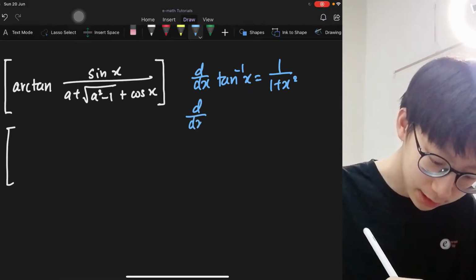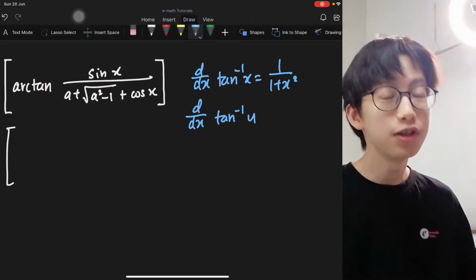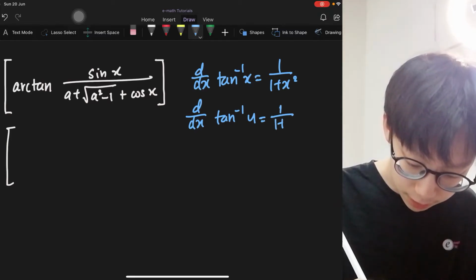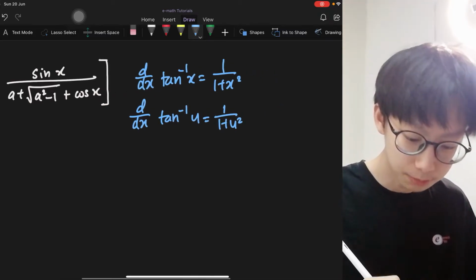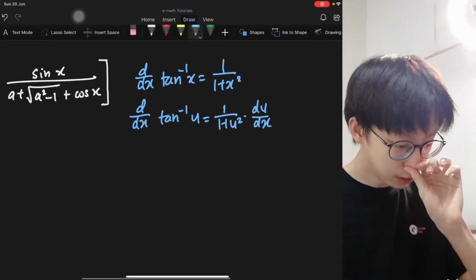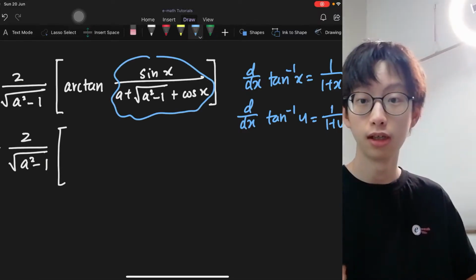So if we have d/dx of arctangent of u, where u is a differentiable function of x, then it is 1 over 1 plus u squared. By the chain rule, you need to multiply by du/dx. So the whole thing here is just our u.